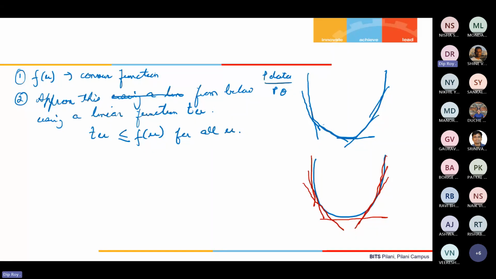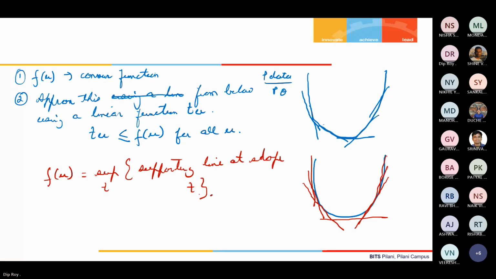So thus the function f of u is the upper envelope of all the supporting lines. Upper envelope of all the supporting lines. So this particular function, f of u, I can say is the supremum of the supporting line at slope t.